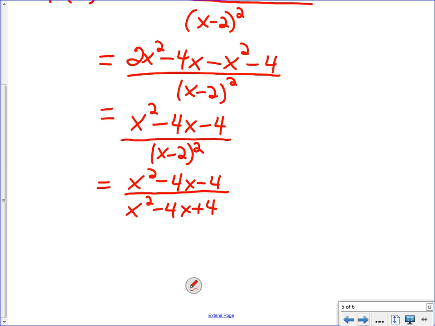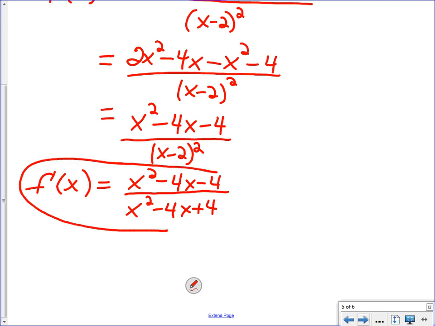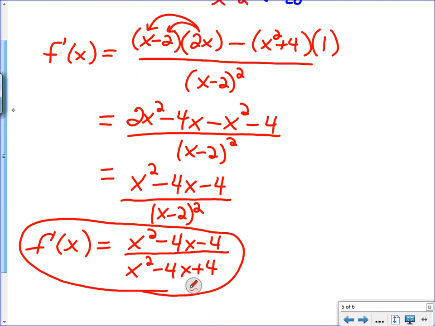But the x squared minus 4x minus 4 is not factorable because, you know, we can't find factors of negative 4 that add to negative 4. Okay, factors of 4 are 2 and 2. To add to negative 4, they'd have to both be negative, which means if you multiply them, you'll get a positive. So the numerator is not factorable. Okay. All right. So there is the derivative using the quotient rule.